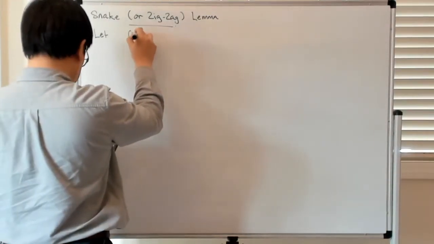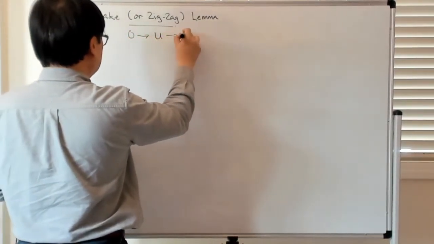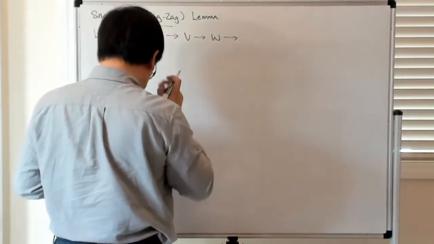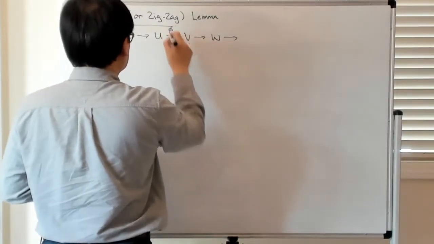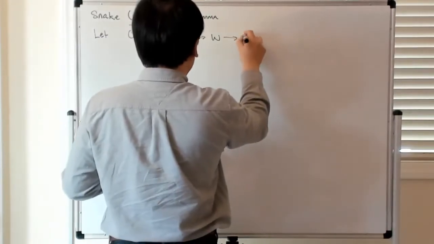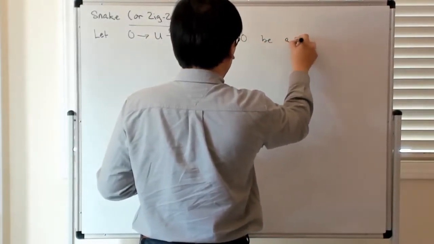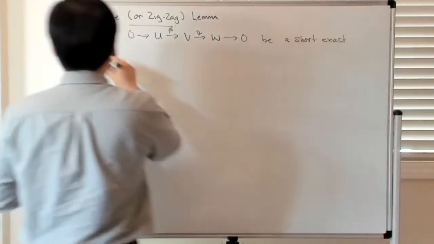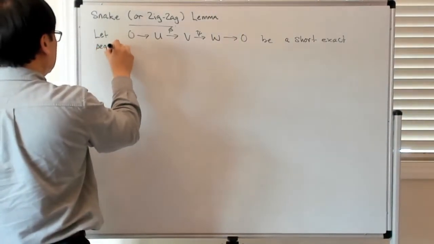So we have U, we have V, we have W. These are individually chain complexes, with phi and psi. So this is a short exact sequence of chain complexes.